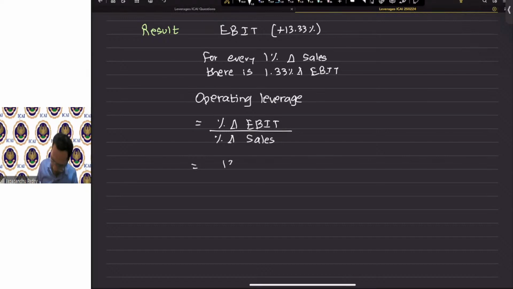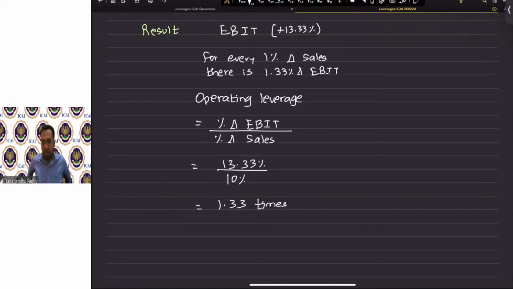The percentage change in EBIT was 13.33% upon 10%, which is 1.33 times. Percentage change in EBIT upon percentage change in sales is 1.33, which means if you put 1% effort in increasing your sales, the result on EBIT is 1.33 times of it.